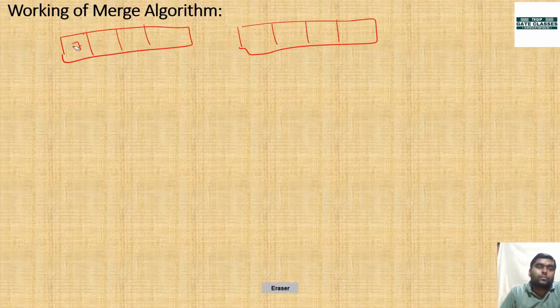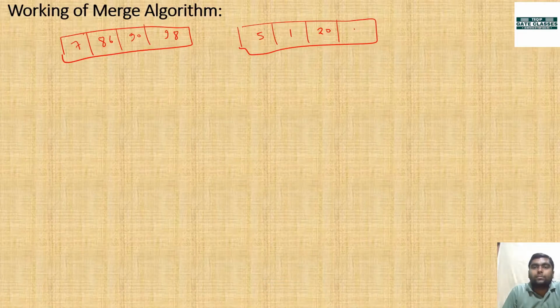Let us take some values: 7, 86, 5, 20, then 86, 90, 98, and 30.